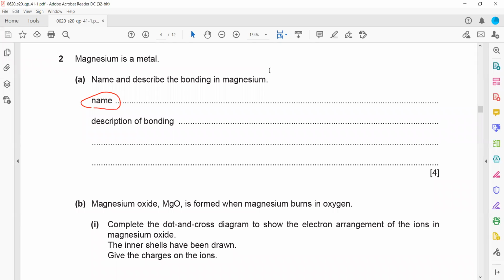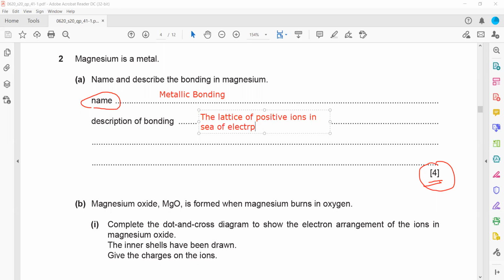Then how do you explain the metallic bonding? The lattice of positive ions in a sea of electrons held together by strong electrostatic force.